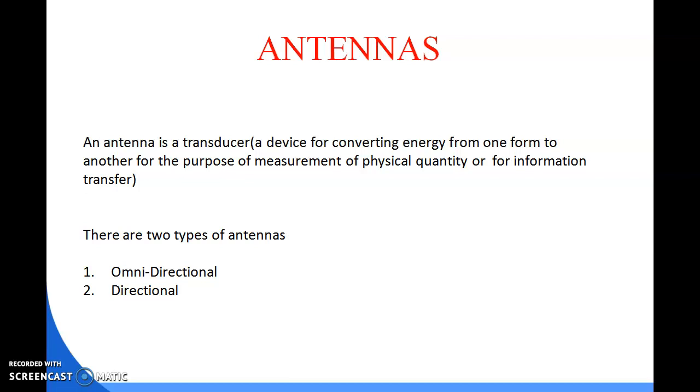Gain is defined as the ratio of the radiation intensity in a given direction to the radiation intensity that would be obtained if the power accepted by the antenna were radiated equally in all directions.